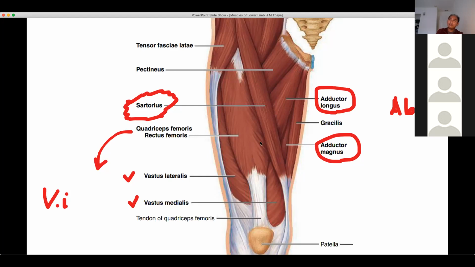And we were talking about the anterior and lateral group of muscles, which is what we call quadriceps femoris. Quadri means four. So a combination of four muscles is called quadriceps, and because it is in the femur, quadriceps femoris. It is made of rectus muscle.